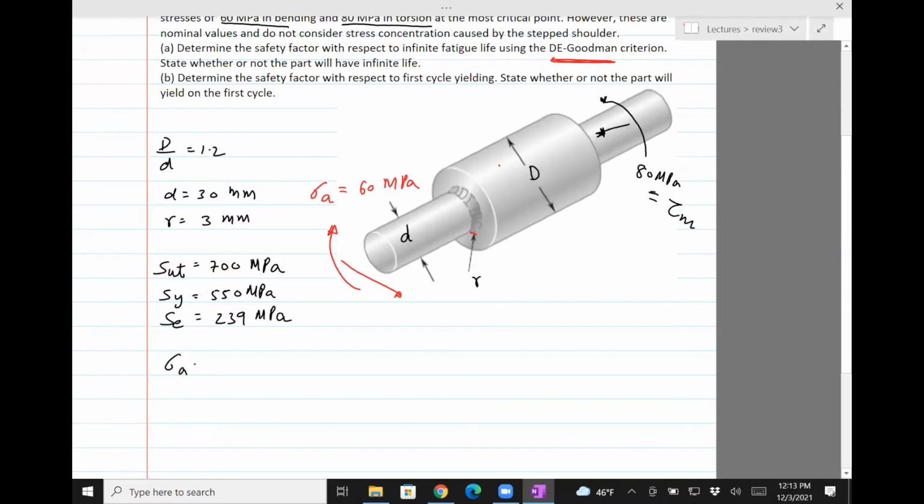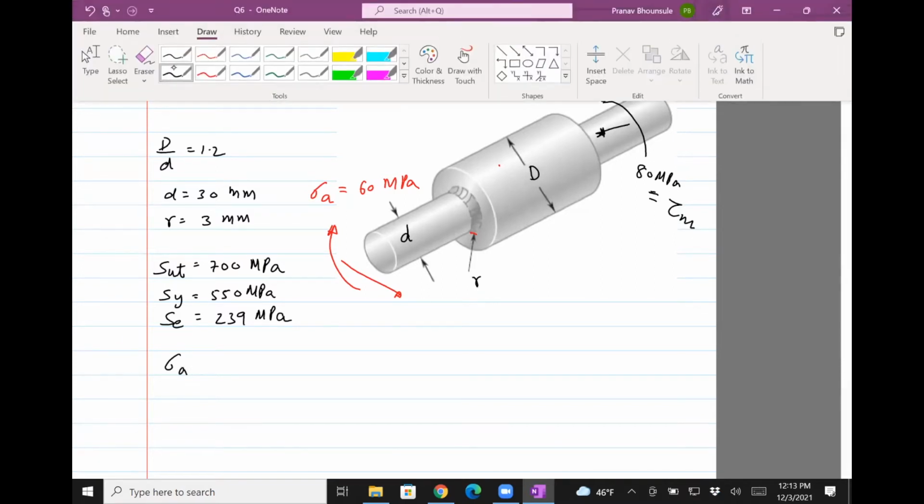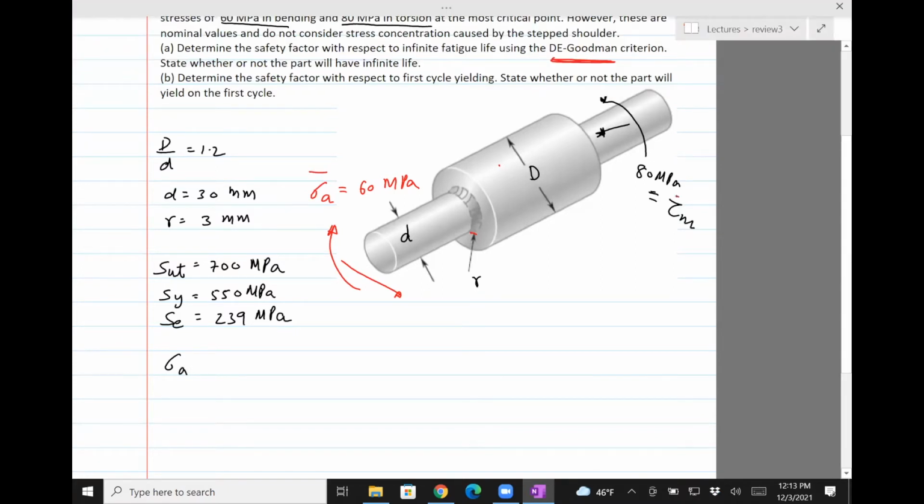So sigma A bar, and let me put a bar over that just to distinguish it from the stress which I need to compute by taking into effect the stress concentration here. So sigma A bar is 60 MPa and tau M bar is 80 MPa. Okay, so that's all that is given.